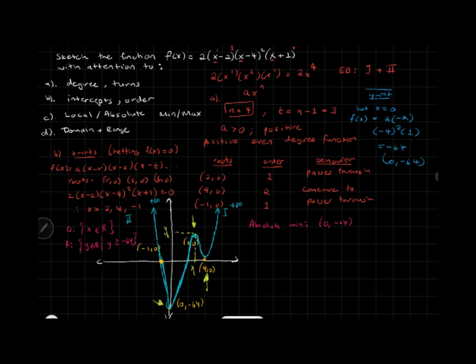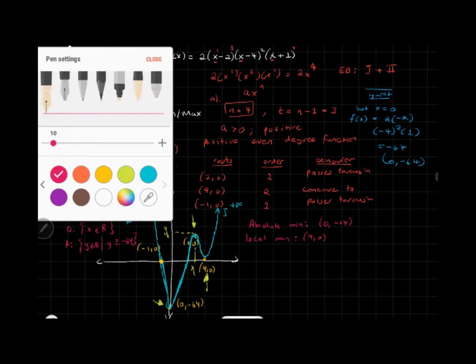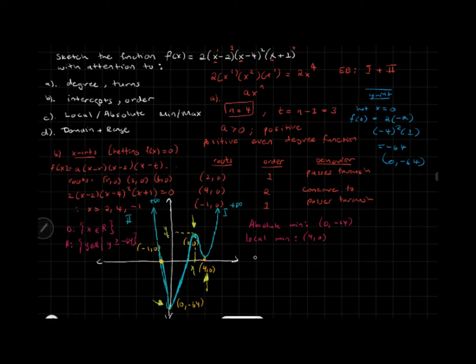We also need to figure out this maximum here. We can see that there is another minimum point, a local minimum at 4 and 0. But we still need to figure out this maximum point. To find it, we need to find the midpoint. So the x value of the turn here is 2 plus 4 divided by 2, which is 6 over 2, which is 3.